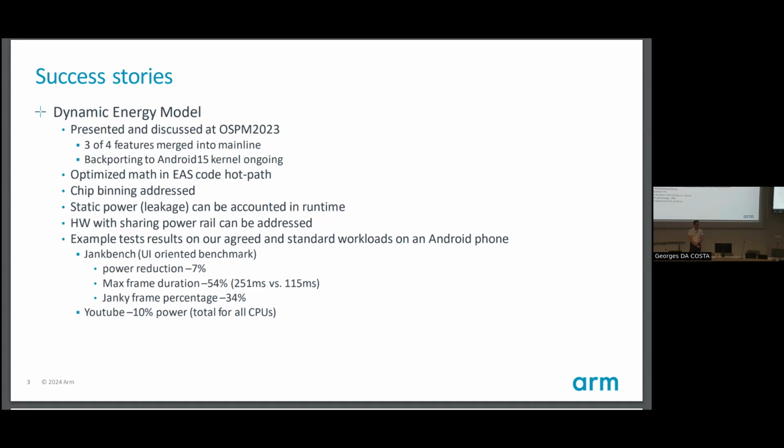You can find them as well on the list from real world workloads, such as Junk Bench or YouTube, where we can modify actually energy model to better align and fit better to the hardware, and then the workload can also benefit from that. So those are the success stories. So I hope this year OSPM would be as well fruitful.